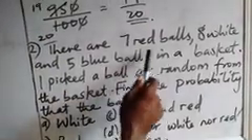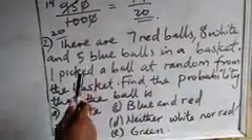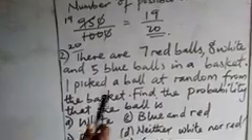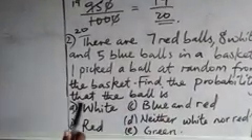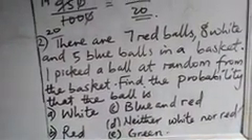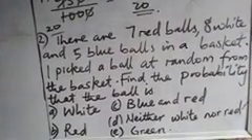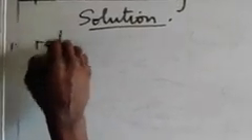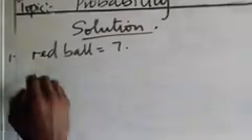Number 2, there are 7 red balls, 8 white and 5 blue balls in a basket. I picked a ball at random from the basket. Find the probability that the ball is A, white, B, red, C, blue and red, D, neither white nor red, and E, green. Okay, let's solve this. We have number of red balls, 7.